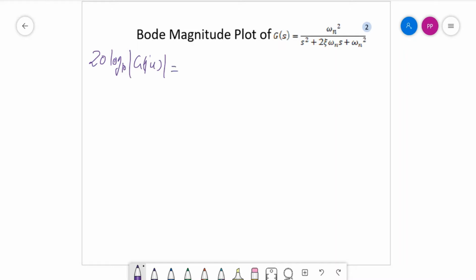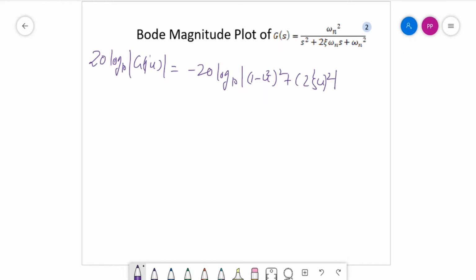Equals to, because the magnitude is radical in the denominator, we can write minus 20 log of base 10 of the square root of 1 minus u square whole square plus 2 eta u whole square.